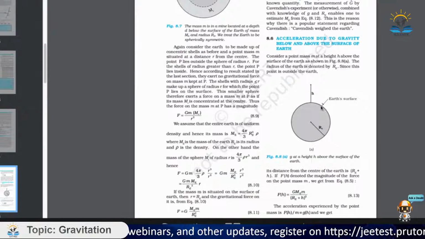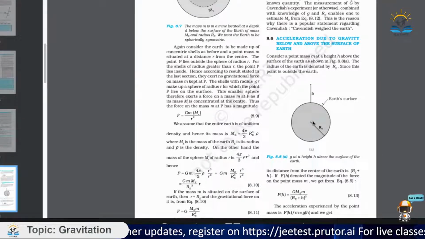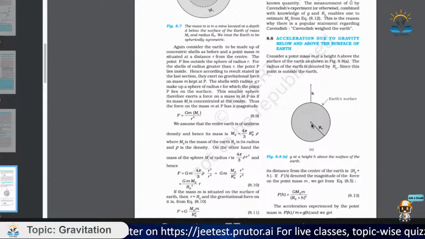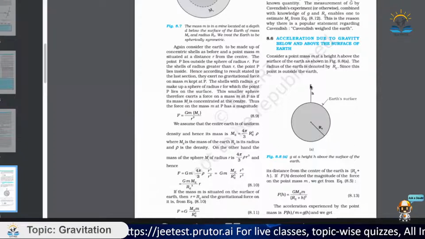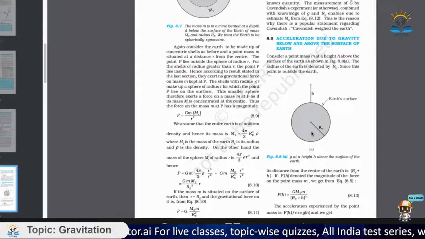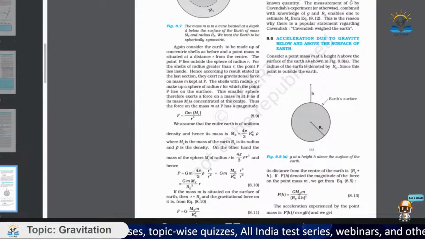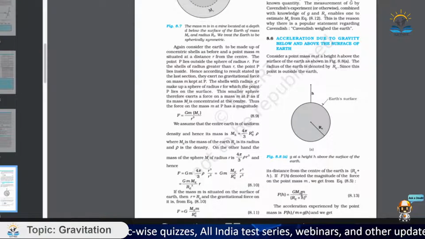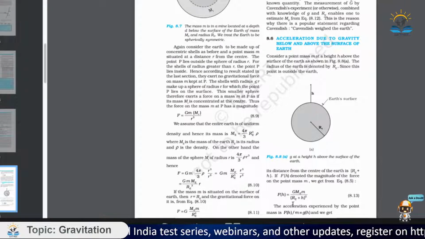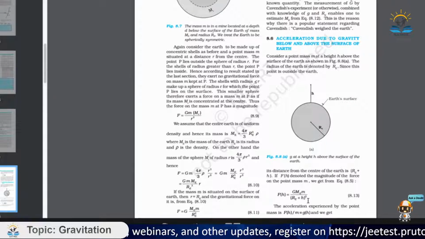Now suppose the body is at a height h. So now we can see the mass is here and the center of mass of Earth is here. So the total distance between the center of mass of Earth and the body of mass m is Re plus h. So we can write force is equal to capital G Me, that is mass of Earth, small m, that is mass of the particle, divided by Re plus h, the distance between the two centers of mass, squared.